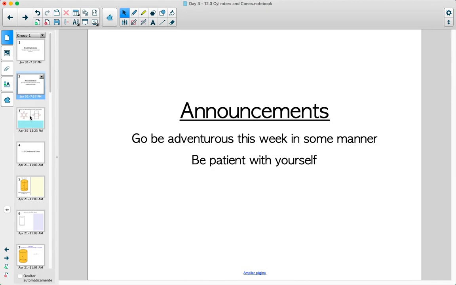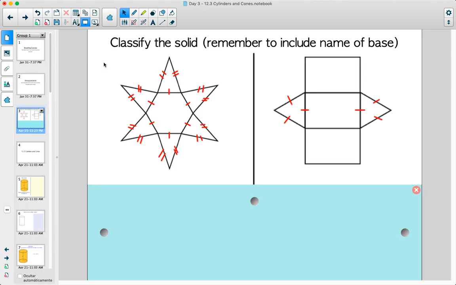Okay, we're gonna do a little bit of review. Classify the solid. Remember to include the name of the base. So if you look at this one, the one on the left, you might notice how we have this hexagon right here, and it's a regular hexagon because of these tallies. Okay, so that's going to be a base of a hexagon, regular hexagon.